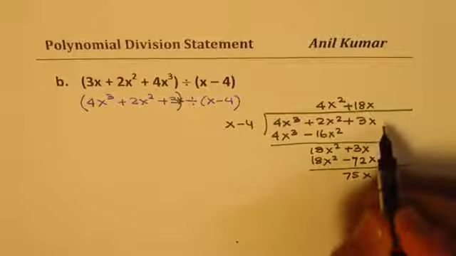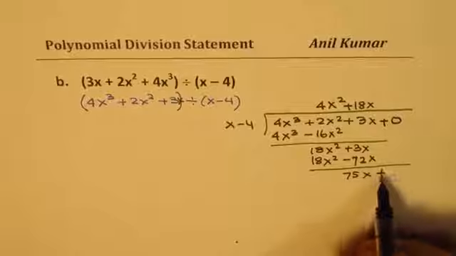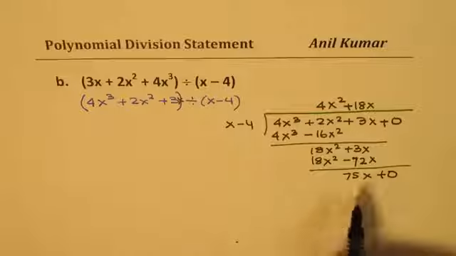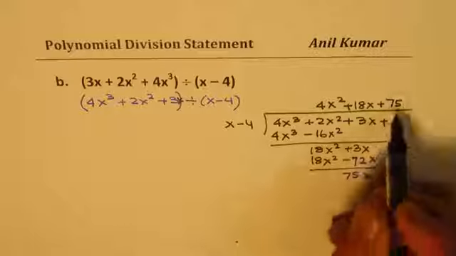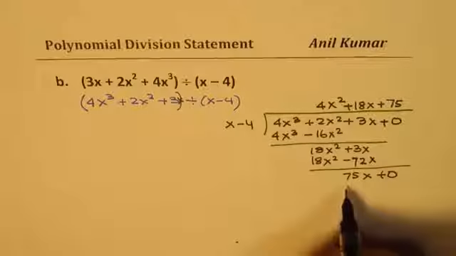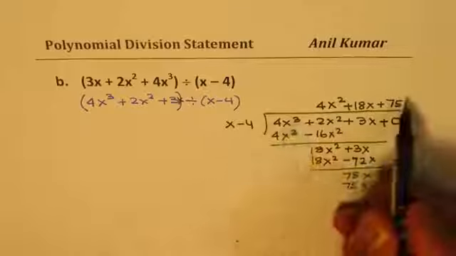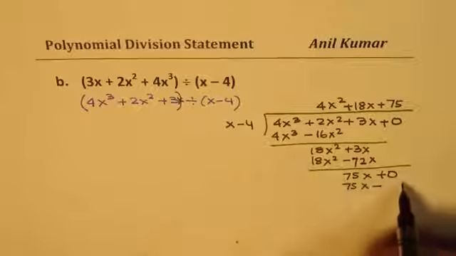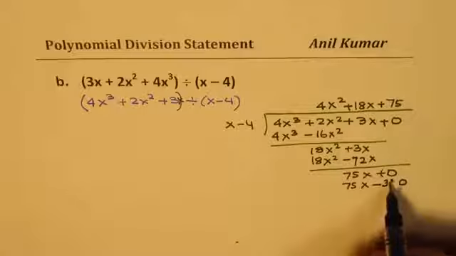75x. Now see, we need to add 0, which is a placeholder. Bring down 0. We can now multiply this by 75, right? So if you multiply by 75, you get 75x minus 75 times 4, which is 300.